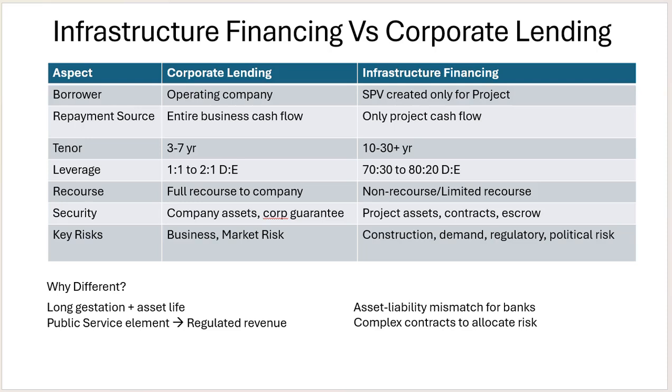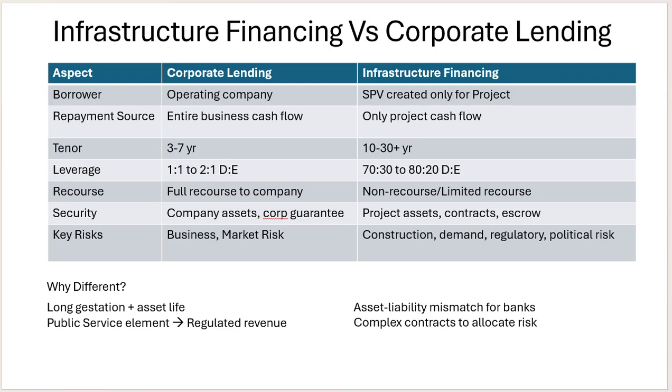An infrastructure project costs, say, a ₹3,000 crore project or a ₹4,000 crore project, so it needs a huge amount of funding. So a special purpose vehicle is created separately, where all the flow of money from the lender to the project, and from the project back to the bank, is done in the special purpose vehicle only.